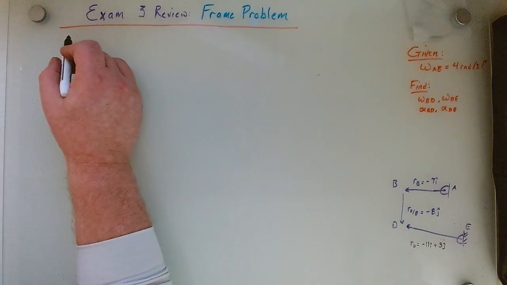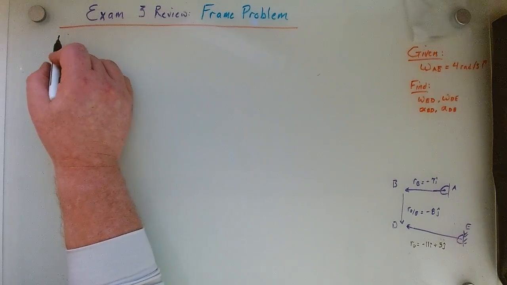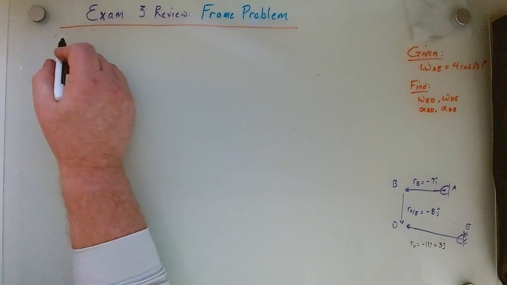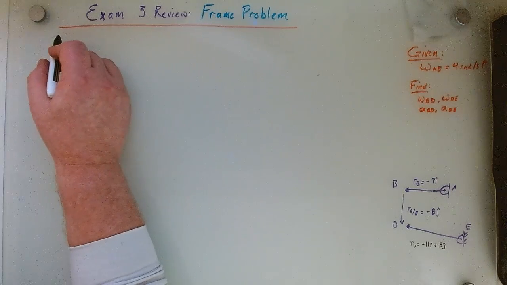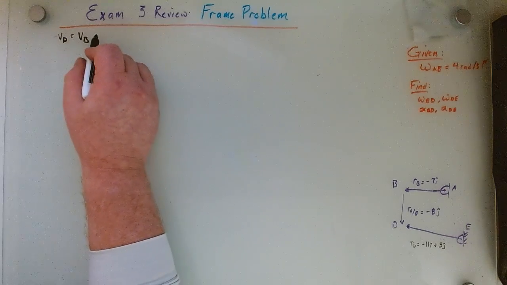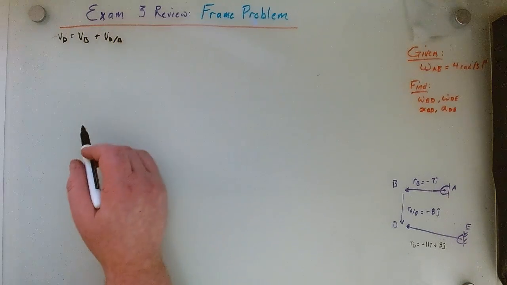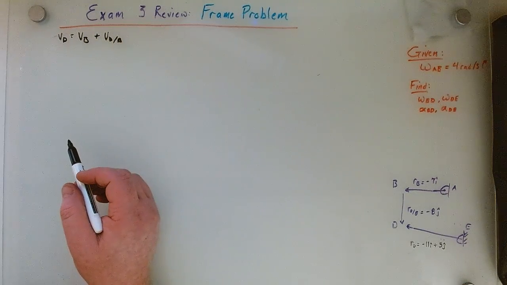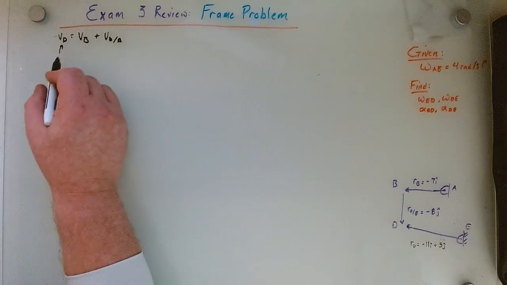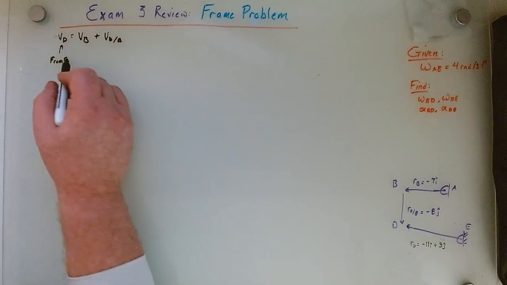So the acceleration, the velocity, or I guess, how would we say this? We would say the velocity of D is equal to the velocity of B plus the velocity of D with respect to B. Now, notice from the geometry that this comes from E, right?